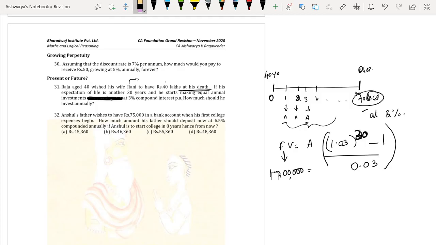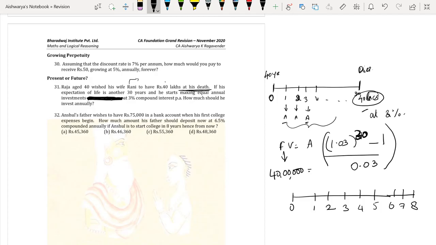Now let us go to question number 32. Yeah, please read 32. Okay. So again in the time graph, what you have to put is time 0, 1, 2, 3, 4, 5, 6, 7 and 8.